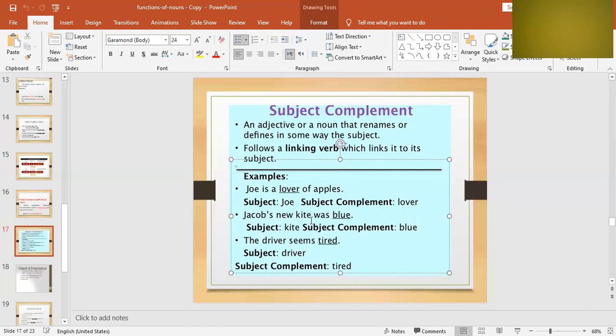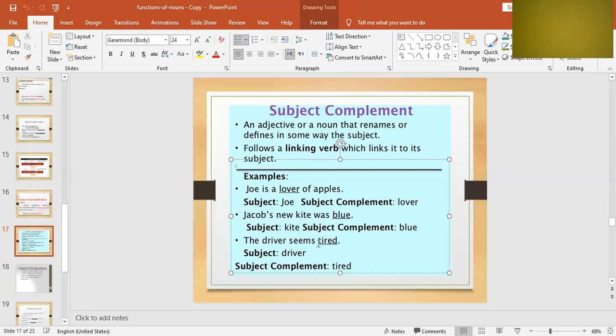Jacob's new kite was blue. Subject: the kite. The subject complement is blue here. The driver seems tired.